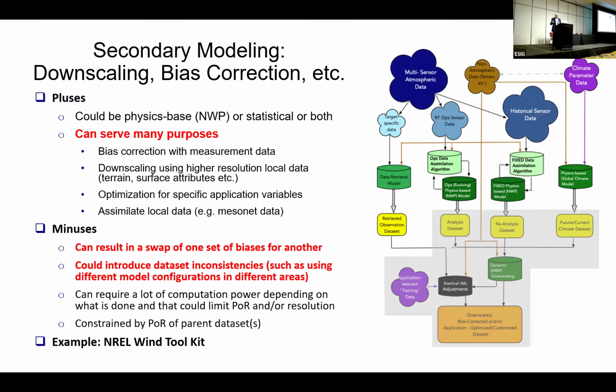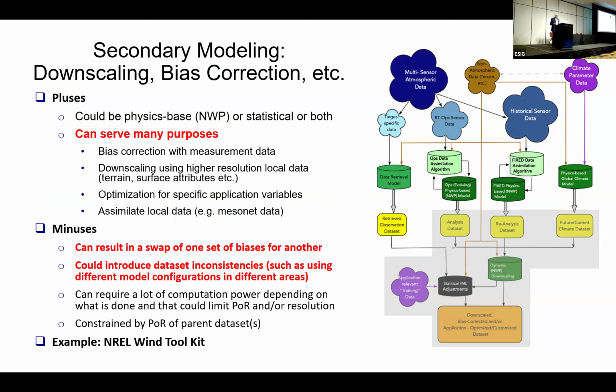Now, a third part of this is secondary modeling, which you use for downscaling or bias correction or other applications on the back end. So you can take any of these data sets, analysis, climate models, reanalysis data sets, and you can do a statistical or a downscaled higher resolution NWP adjustment using a model such as WRF.